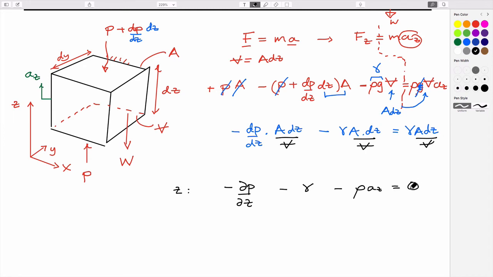Zero. Sometimes maybe it's better for me to write it, just for homogeneity's purposes, I'm just going to write this as rho g. It's clearly also equal to unit weight. Right? So that's it. So that's an expression.